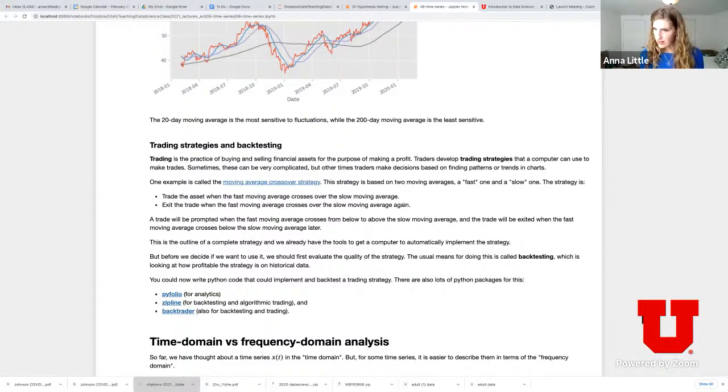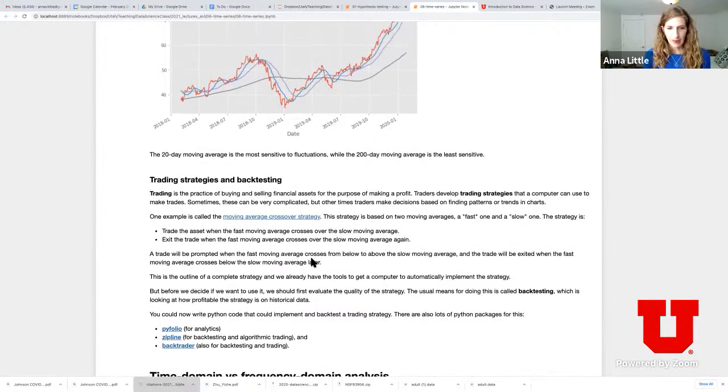Okay, and let's see, we have a question here. Could the opposite be done for shorting a stock? I assume so, but I will confess I don't know a lot about stocks and shorting of stocks.